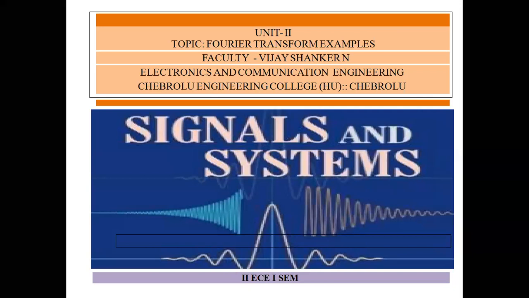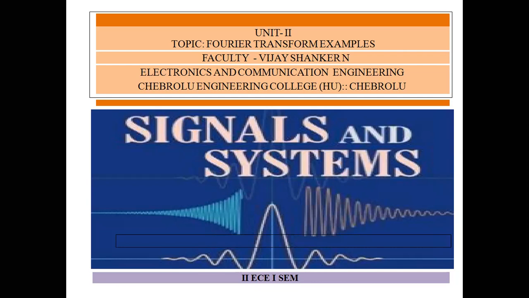Today, we are going to discuss some more examples of the Fourier transform. We already discussed the Fourier transformation, its properties, and some examples: standard signals, unit sample, unit step signal, impulse signal, and the signum function, and their Fourier transformation.